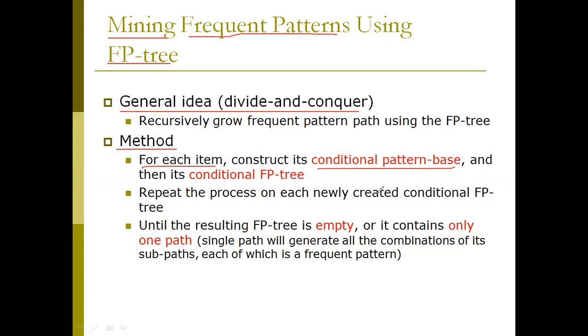Okay, for those items, we need to construct the conditional pattern base and then its conditional FP tree. Repeat the process on each newly created conditional FP tree, until the resulting FP tree is empty or it contains only one path. You need to continue these steps.